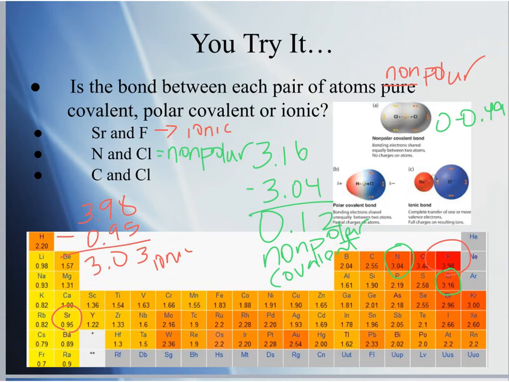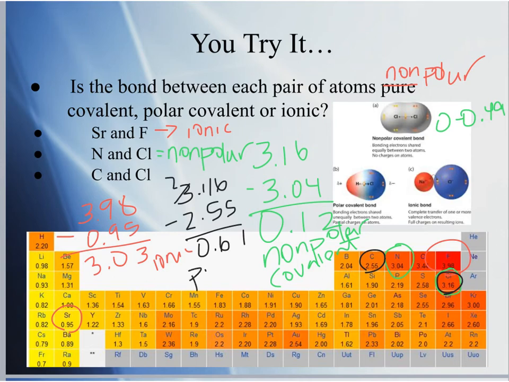Okay, last but not least, let's take a look at chlorine again and carbon. We're going to do 3.16 minus 2.55. Here we're going to have a difference of 0.61. That falls under our second category of 0.5 to 2.